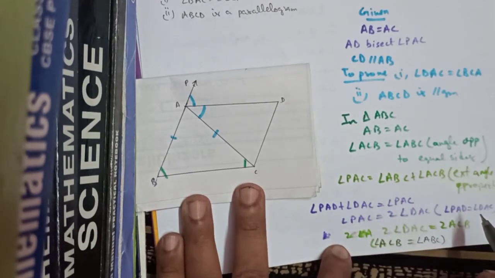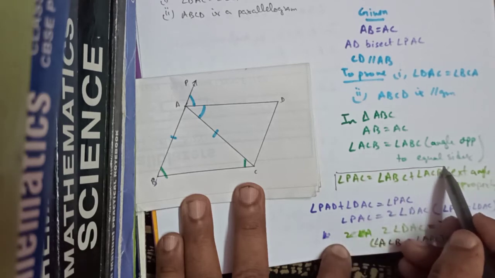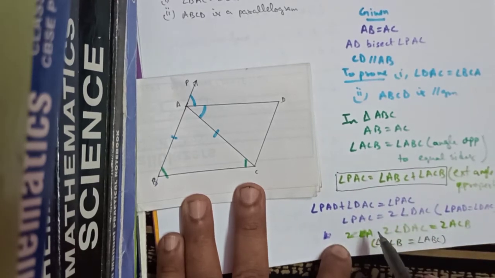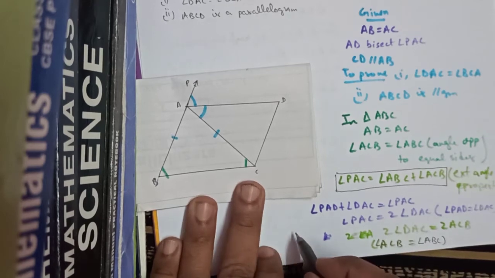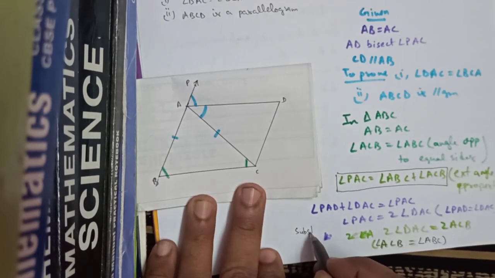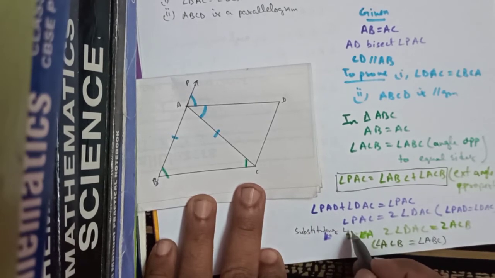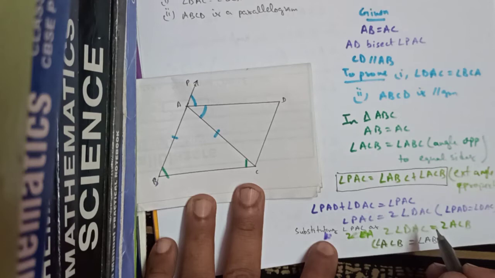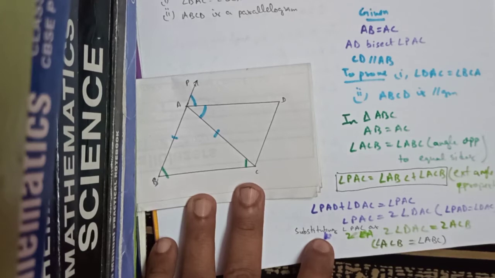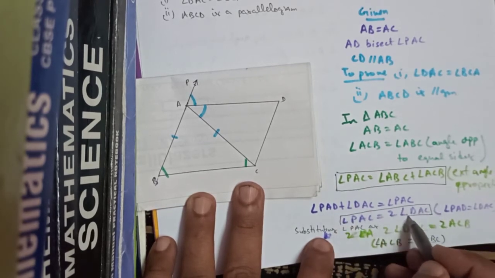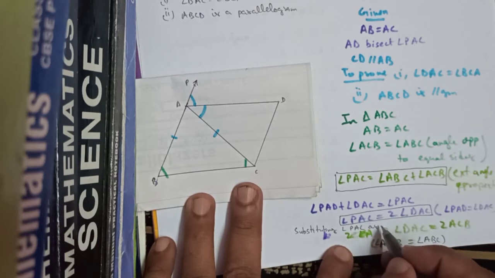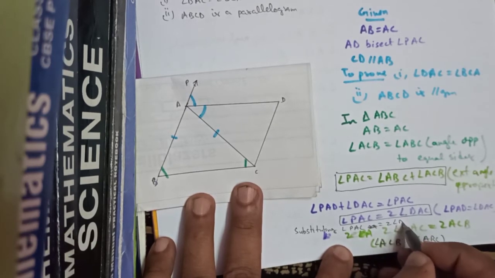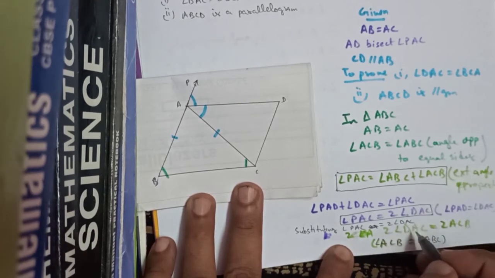So from this equation we have substituted the value of PAC, substituting angle PAC as 2 times this DAC, equals 2 times angle DAC in equation number 1.